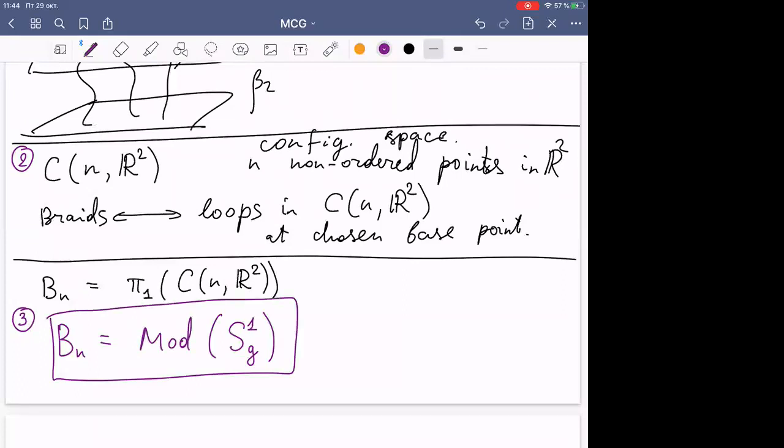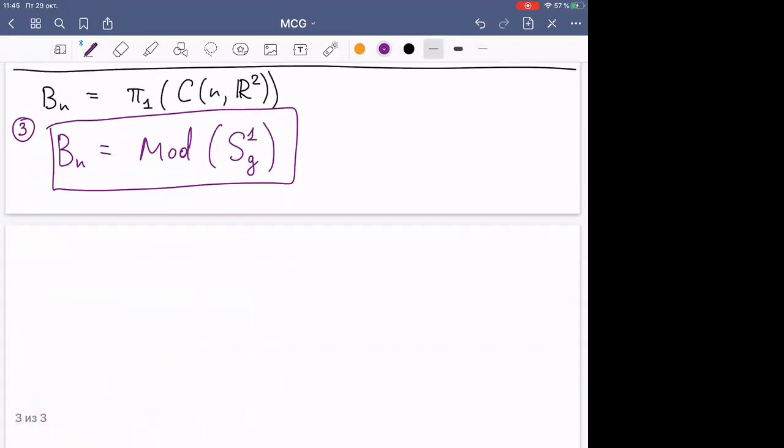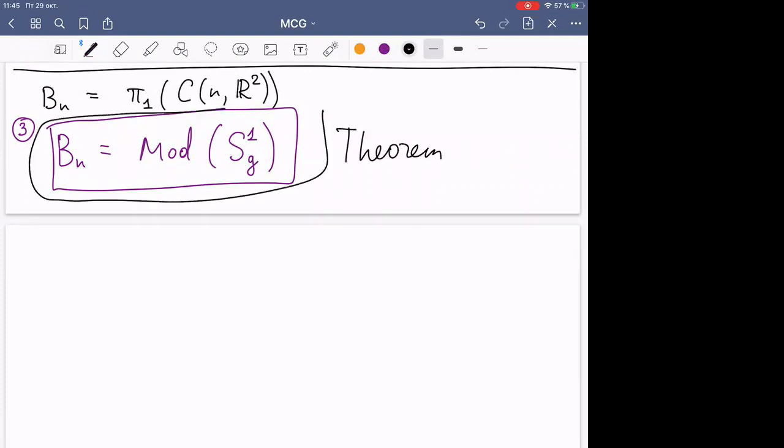As usual, when we have a boundary component, we assume that all homeomorphisms or diffeomorphisms preserve the boundary pointwise. Why is this true? This is not difficult, but it should be proved. So this is a theorem, and let us give a proof of it.